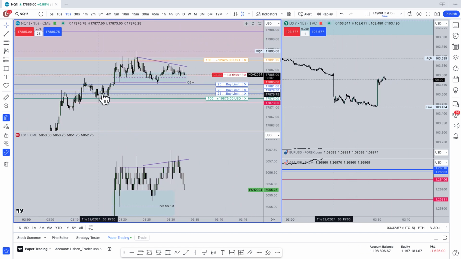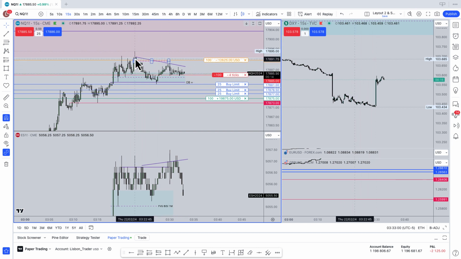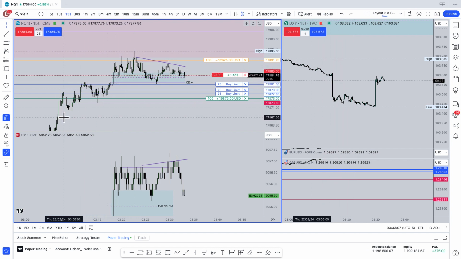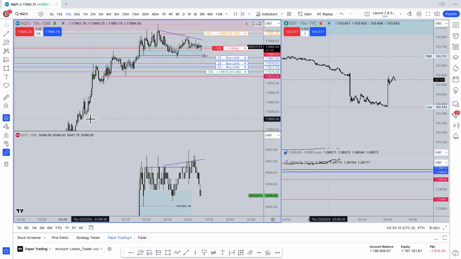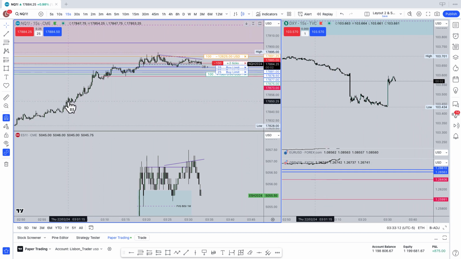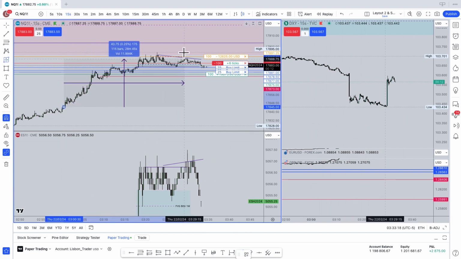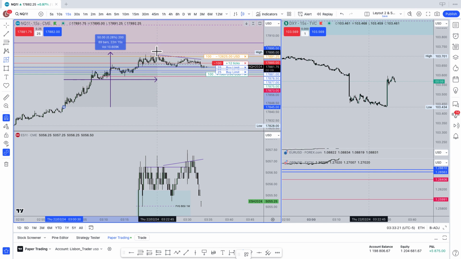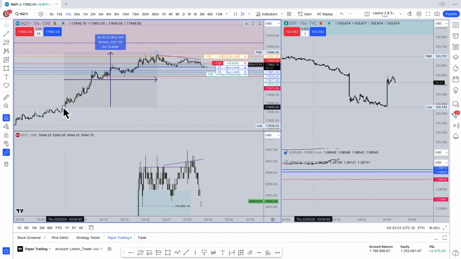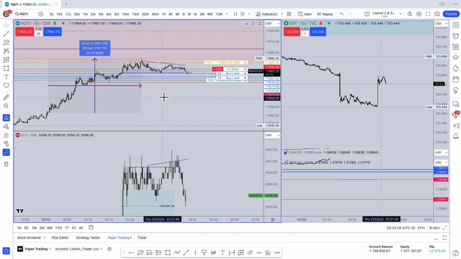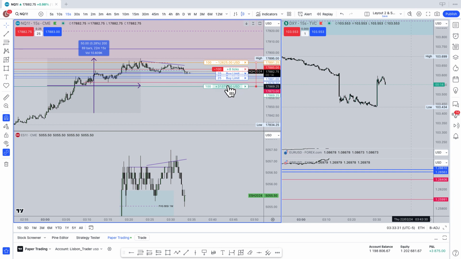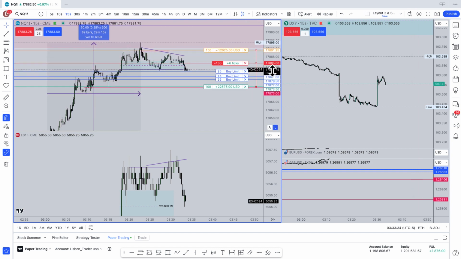So the Frankfurt and London push was already performed, so we have London pushing higher since here. So we are talking about 50 handles basically. From 3 to that point is 50 exactly. So at least a minor retracement up to these levels is in order.